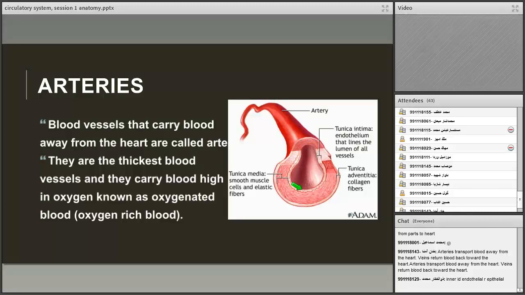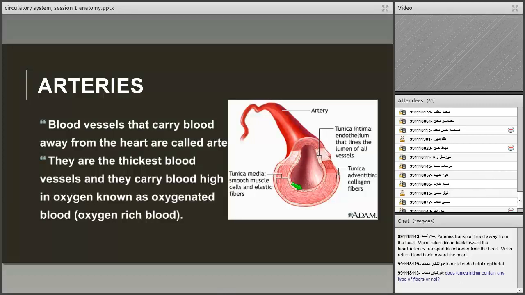Because the pressure is high in the arteries, the tunica media is a thick layer, because the pressure of the heart is transmitted to the arteries, okay? These kinds of blood vessels, I mean the arteries, are carrying the blood away from the heart.